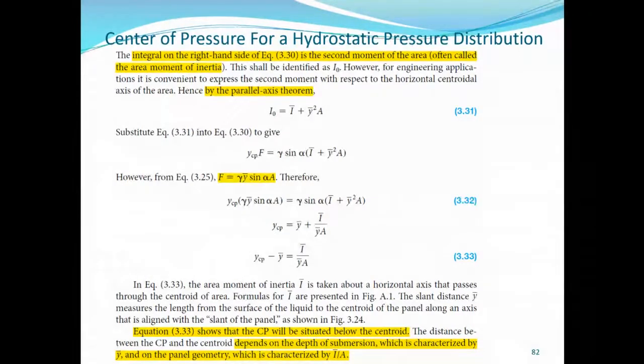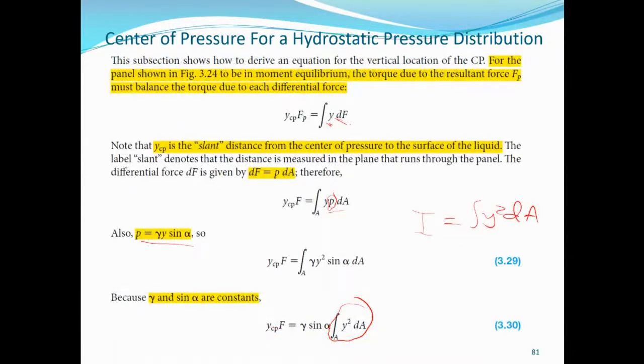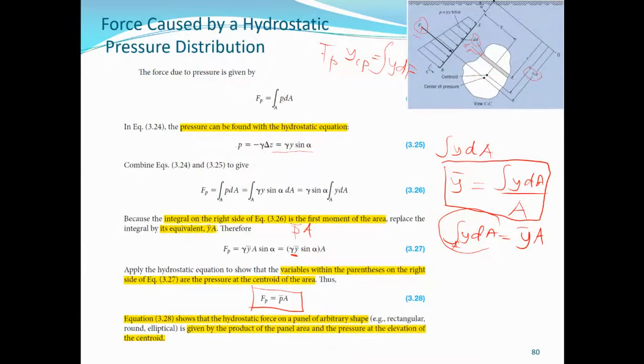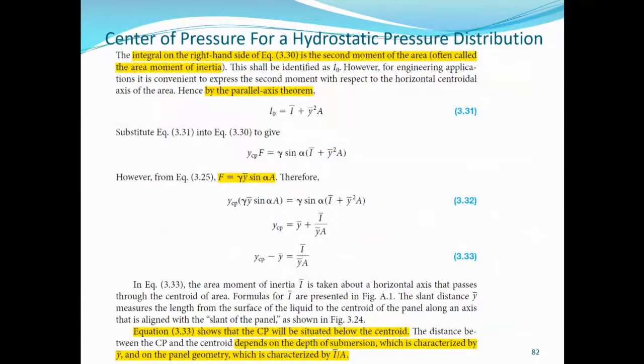For engineering applications, it is convenient to express the second moment of inertia with respect to the horizontal centroidal axis, like the parallel axis theorem. Here, because this element is not at the surface, it's not at our line of reference, which is this line, we have to use the parallel axis theorem. This you also learned in statics.